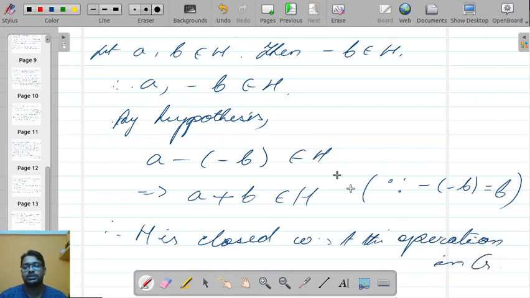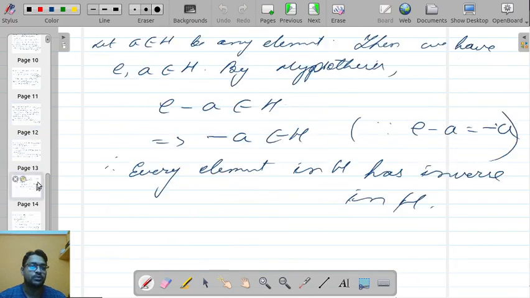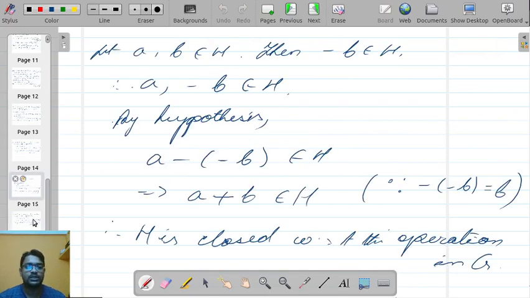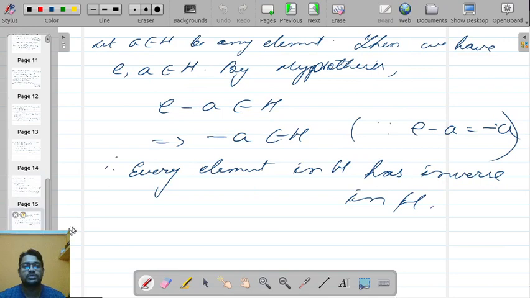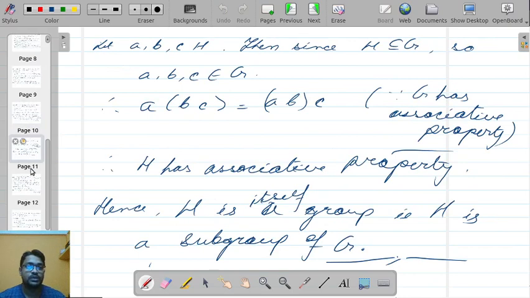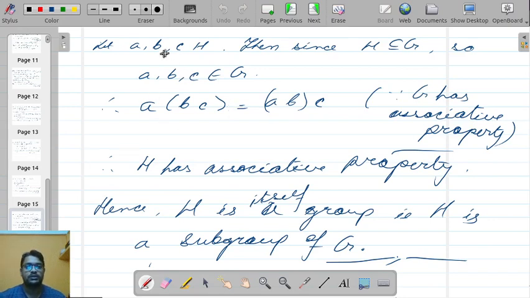Everything we have shown earlier for the associative property will be valid. So let A, B, C belong to H be any element.